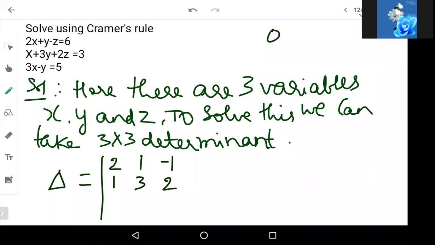Because 0 into z will give me 0 only, and it will not affect my third equation. Okay, so that is the main reason we consider z as 0. So the coefficients for the last equation will be 3 and minus 1. And since there is no coefficient for z, I will write it as 0.